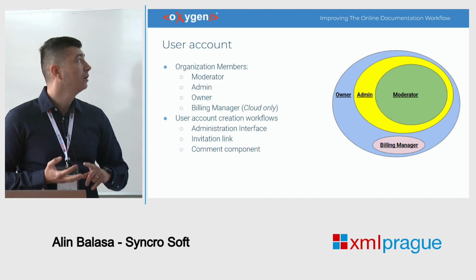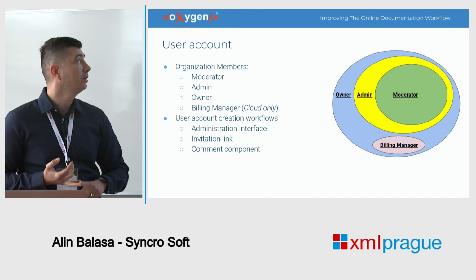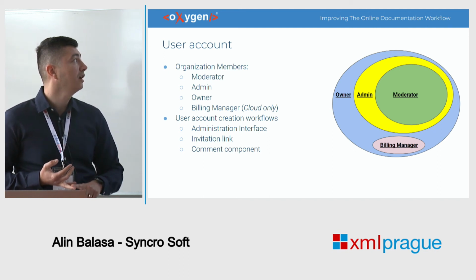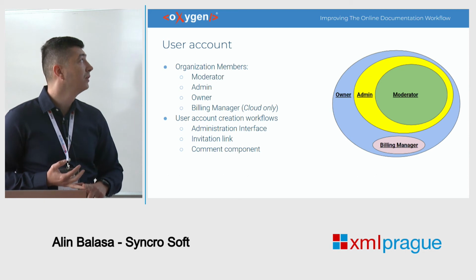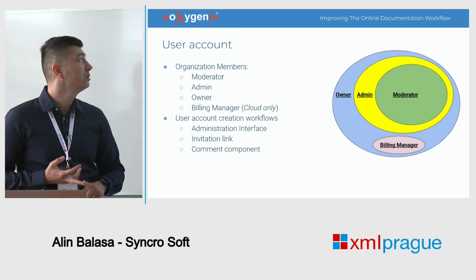This way you will have to create also an organization, and after that you will be automatically assigned as the organization owner. You can create an account using an invitation link.